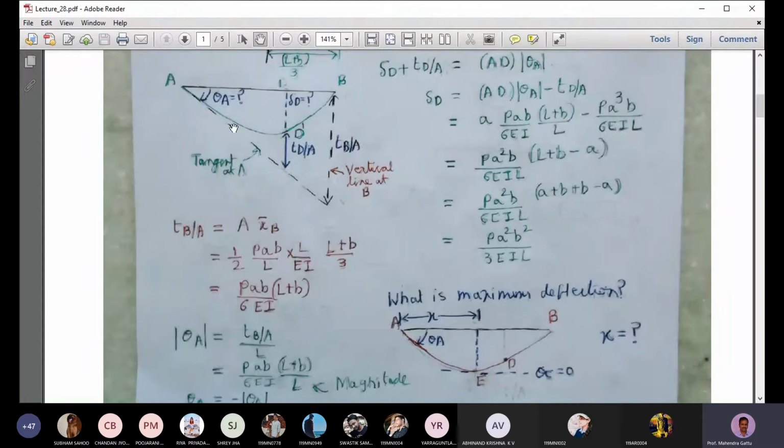Now, if you observe carefully, A, B, and this point G form a right angle triangle.